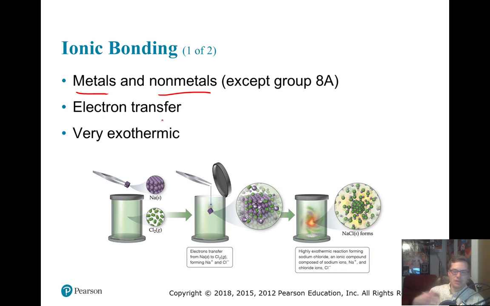One of them gives up electrons to the other, and these are always very exothermic reactions when you form an ionic compound. For example, if we had a container of chlorine gas and put in some sodium metal, both of which are pretty reactive on their own, the electron transfer will automatically happen.